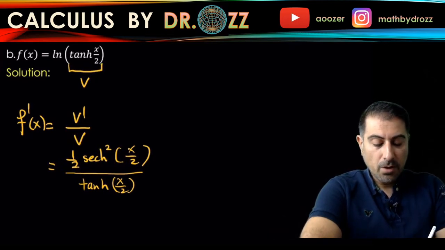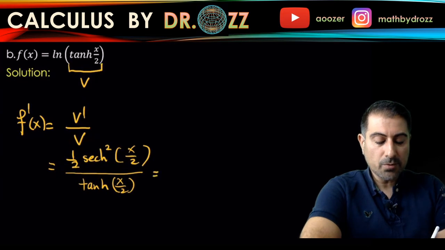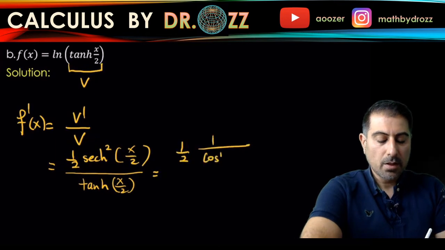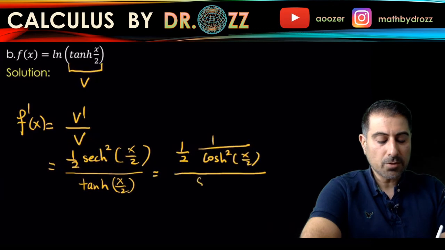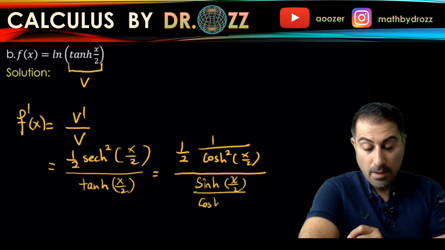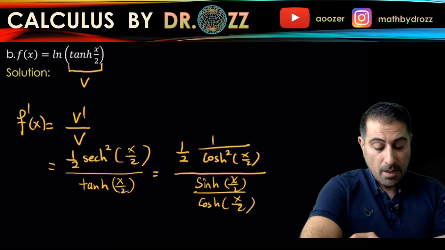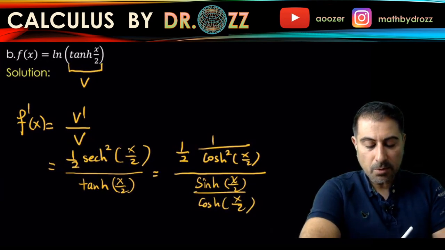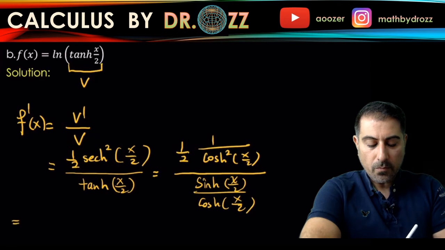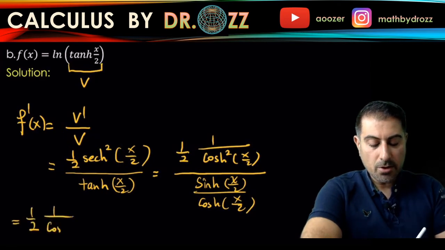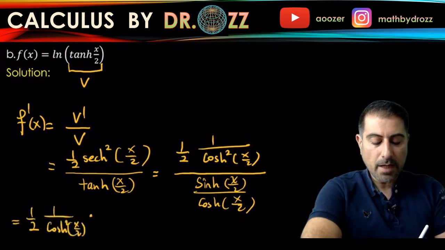First of all, secant hyperbolic squared is 1 over cosine hyperbolic squared x over 2. And tan hyperbolic x over 2 is sine hyperbolic x over 2 divided by cosine hyperbolic x over 2. So by using the definitions, I'm going to flip the bottom over so that this will look like cosine hyperbolic x over 2, sine hyperbolic x over 2.